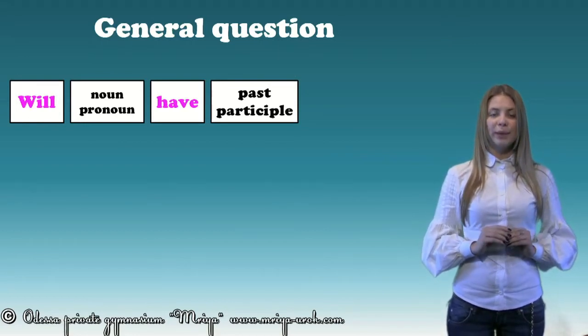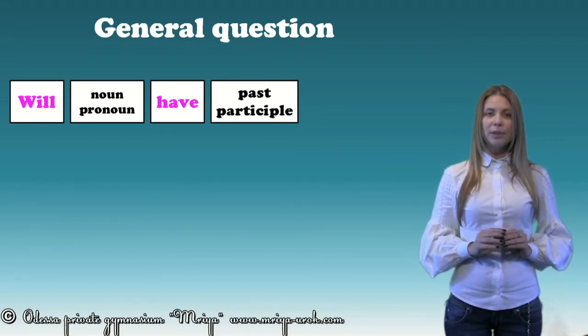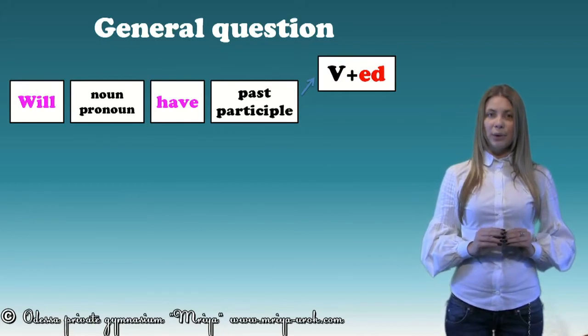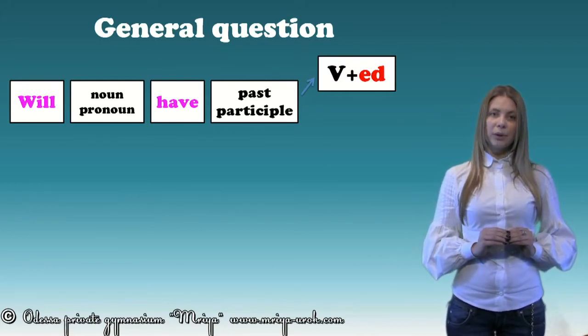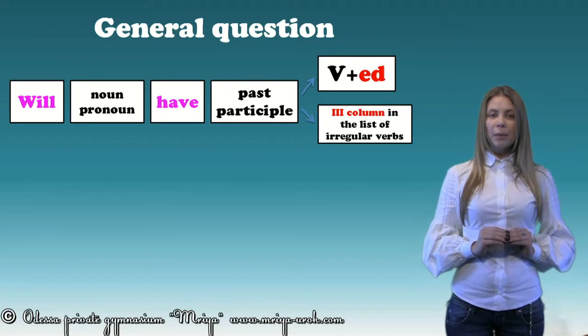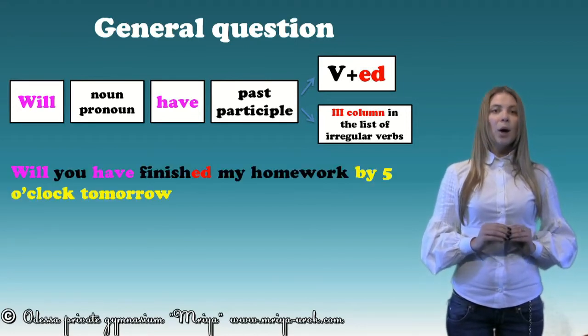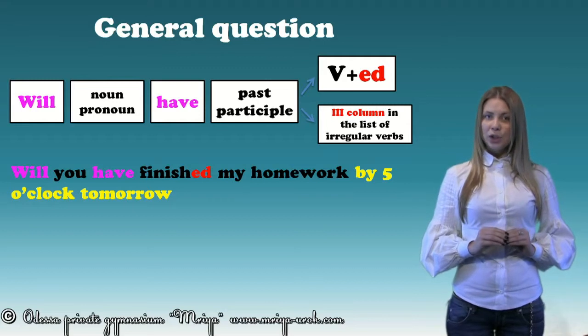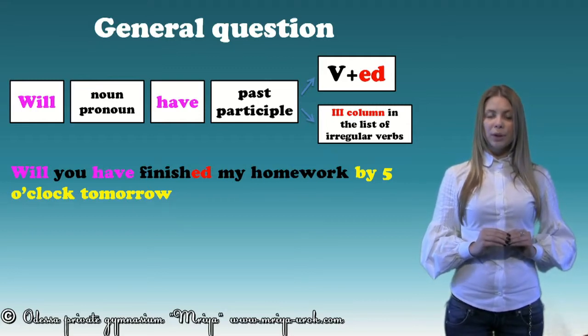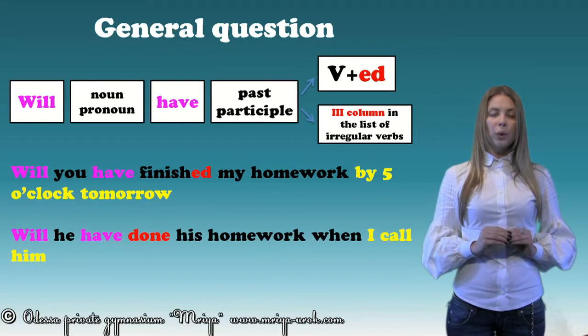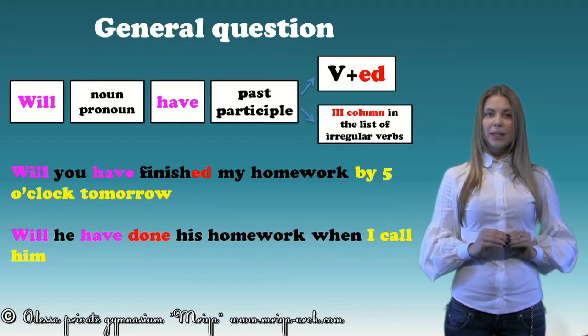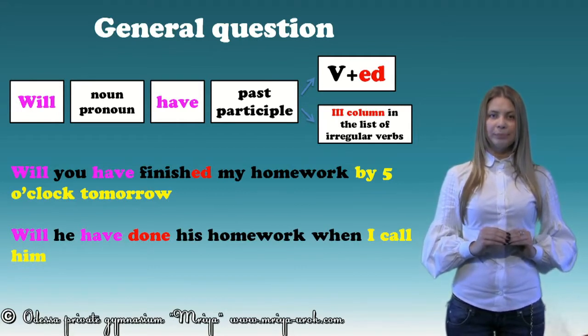Again, if you have a regular verb, you put ed ending to it. If you have an irregular one, you have to find the 3rd column in the list of the irregular verbs. For example, will you have finished your homework by 5 o'clock tomorrow? Will he have done his homework when I call him?